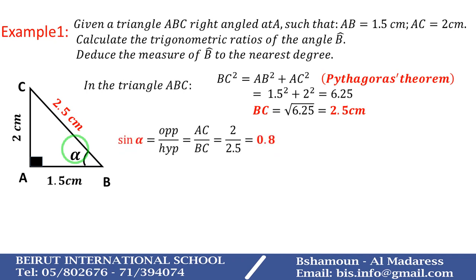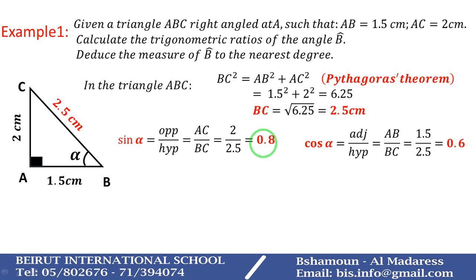We'll start with sine alpha. Sine alpha is equal to the side opposite to it over the hypotenuse, which is AC over BC. AC equals 2 and BC is 2.5, so sine alpha will be equal to 0.8.